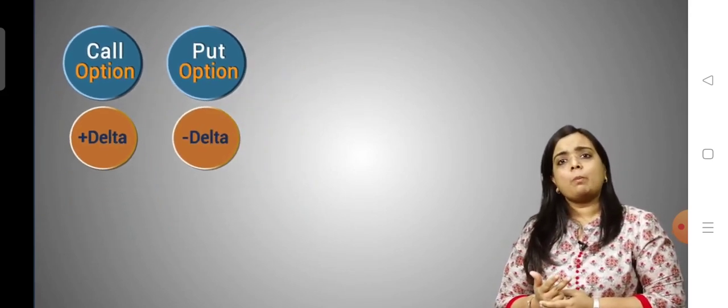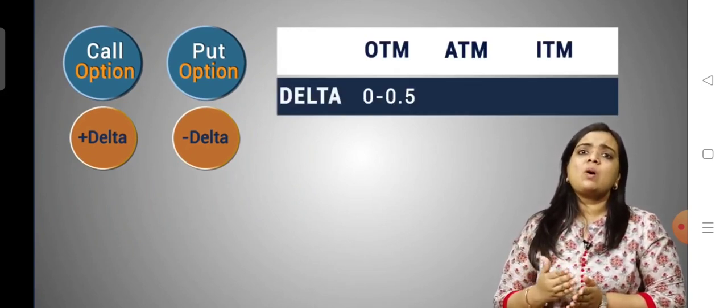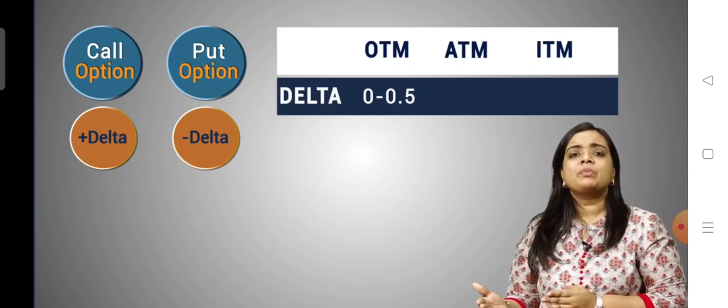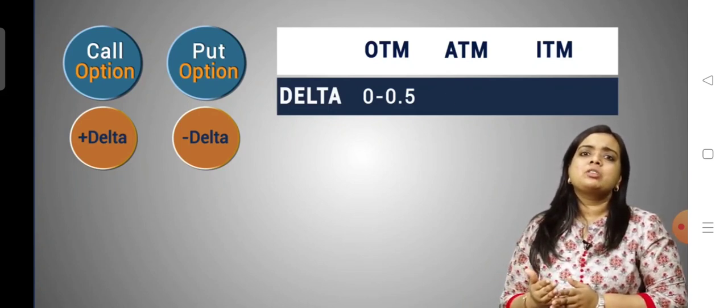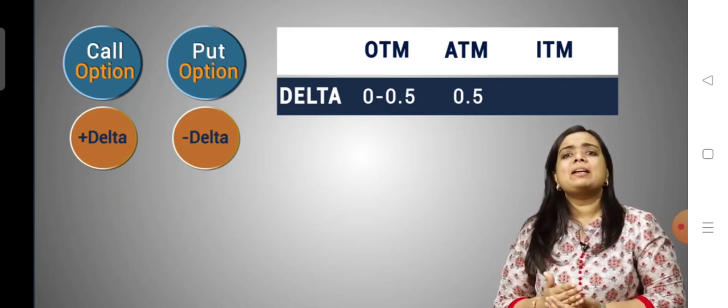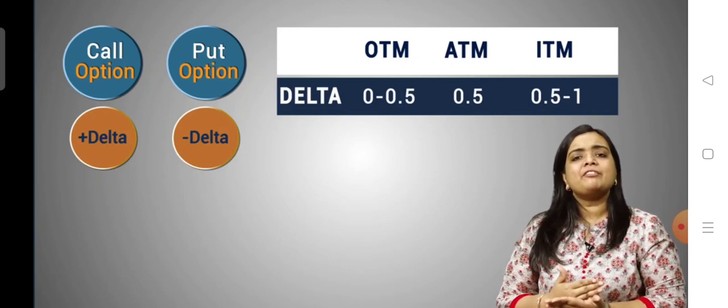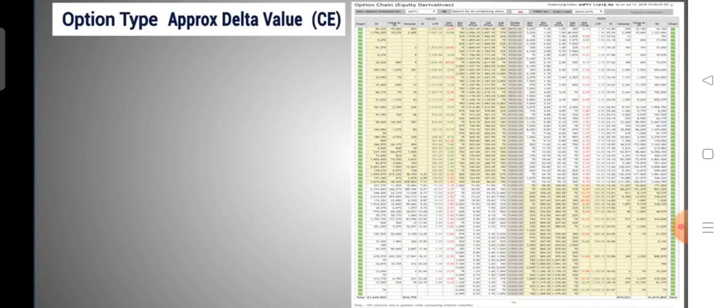Out of the money options have a delta value between 0 and 0.5. At the money options have a delta of 0.5, and in the money options have a delta between 0.5 and 1. Let's have a look at the table to understand and tabulate it.